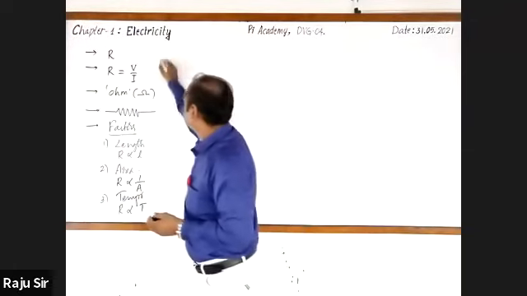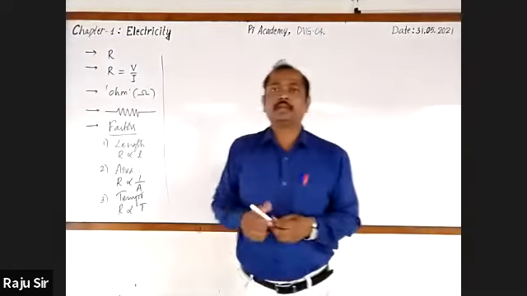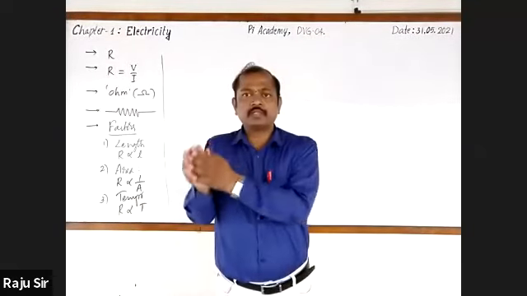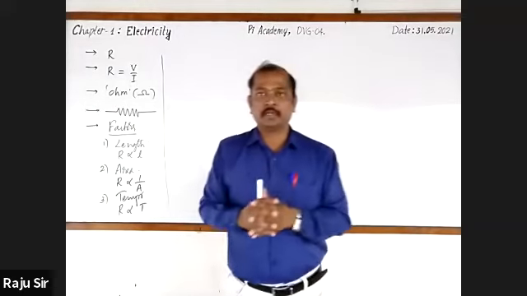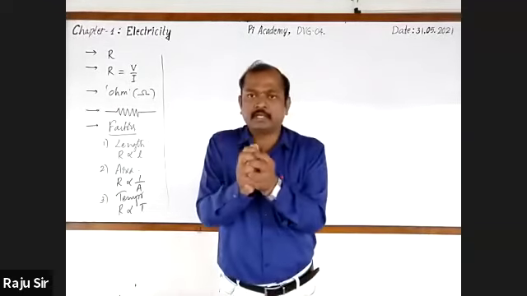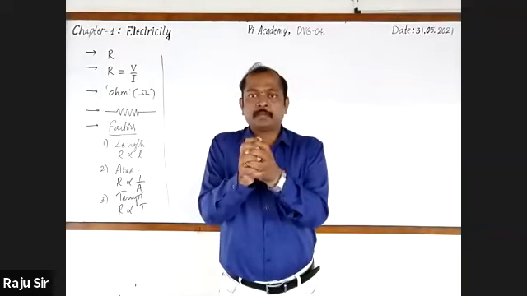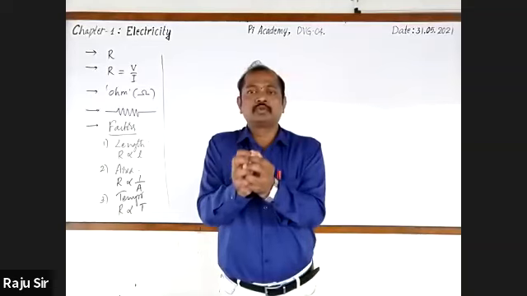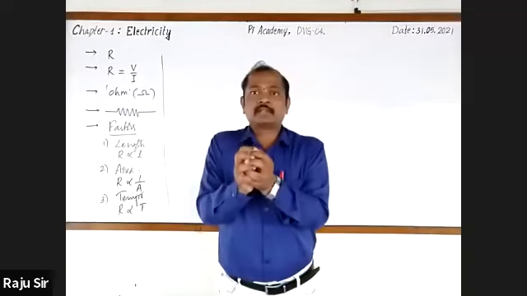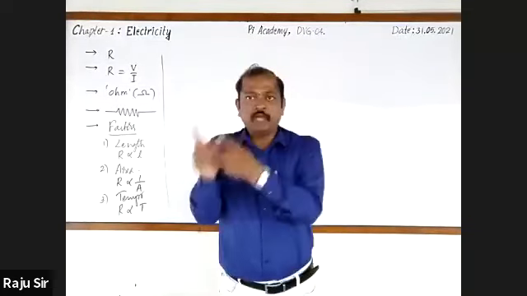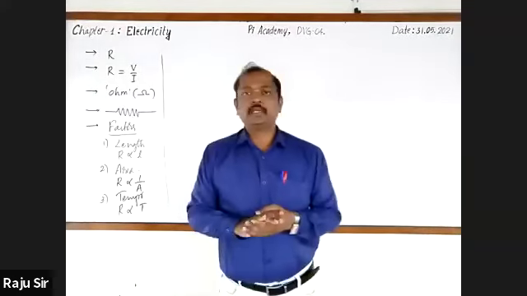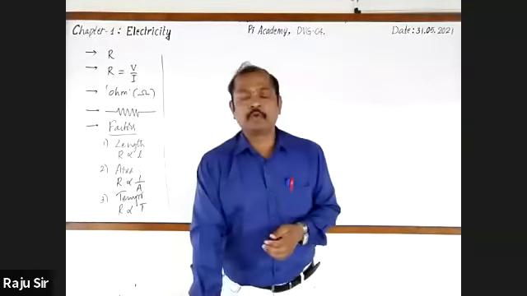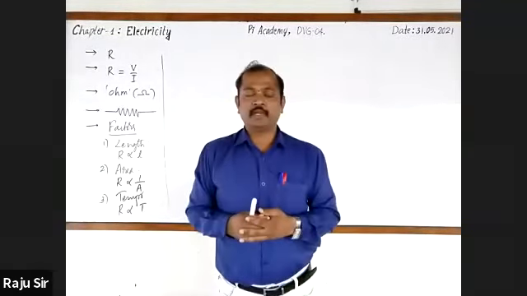Next, the fourth one. You all know that the arrangement of atoms is different from one metal to another. In some metals, they are packed very tightly, in some they are packed a little loose, and in some others still more loose. As the arrangement of atoms differs from one material to another, the opposition offered to the flow of electrons will also be different.